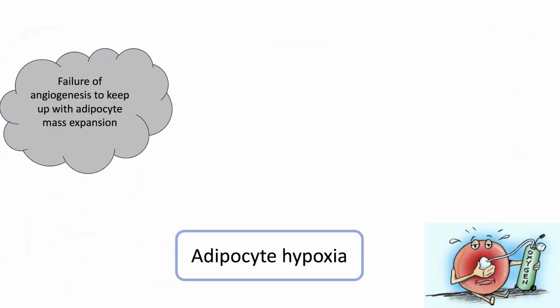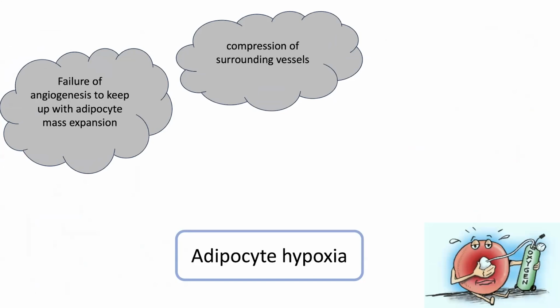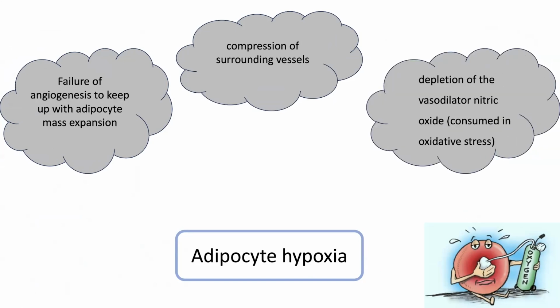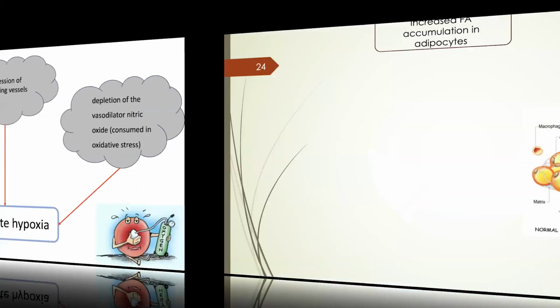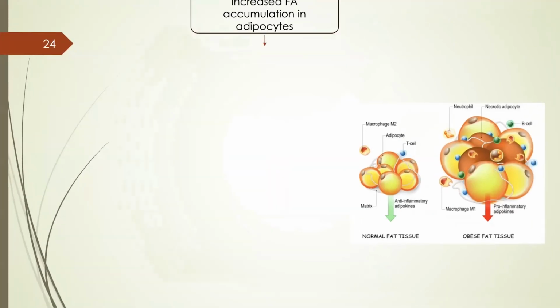The adipocyte gets hypoxic because of the failure of angiogenesis to keep pace with the adipocyte mass expansion. There is a compression of the surrounding vessels, as well as a depletion of the vasodilatory nitric oxide, which is consumed because of the oxidative stress occurring within this hypoxic adipocyte. So all this is leading to a change in the phenotype of the adipocyte.